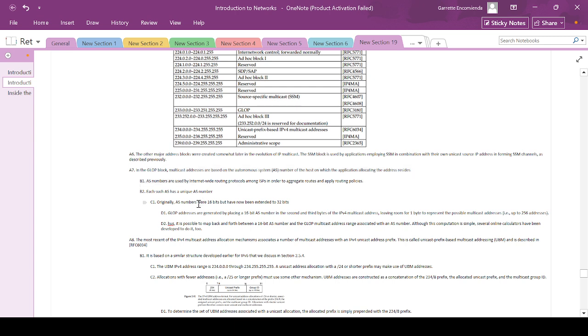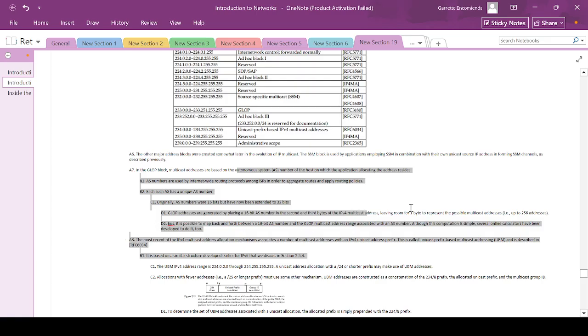Now, the GLOP block. In the GLOP block, multicast addresses are based on the autonomous system number of the host on which the application allocating the address resides.